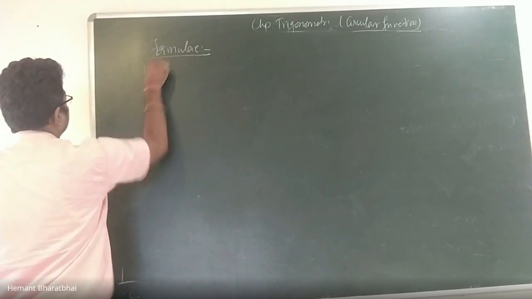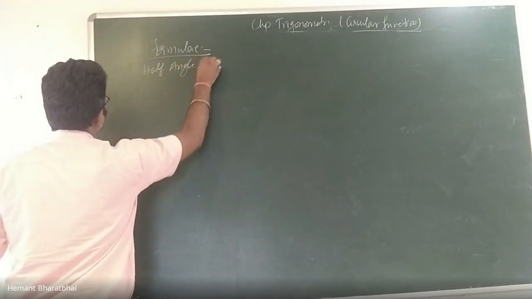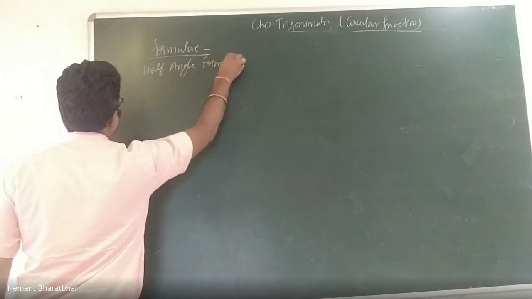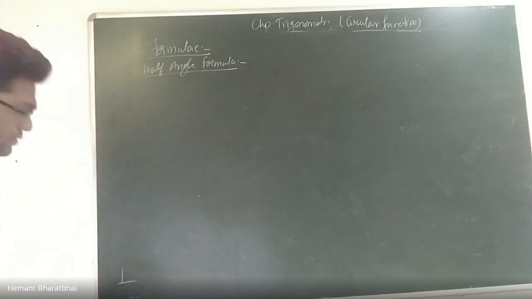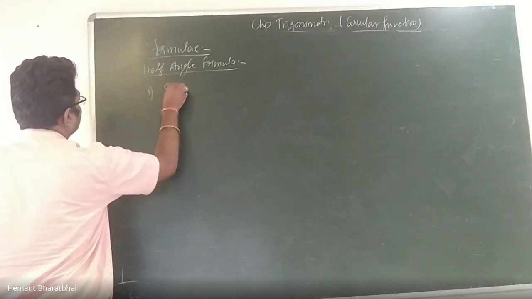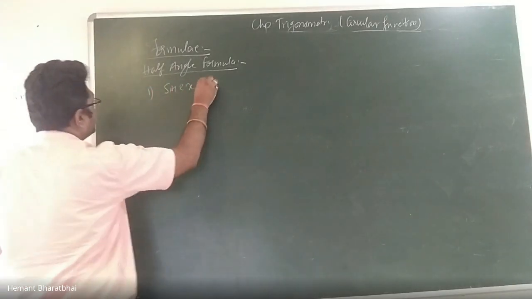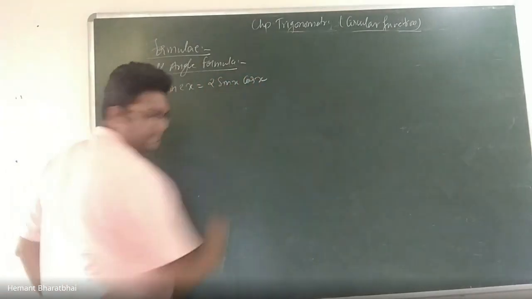So first I am writing it as the half angle formula. Some books name it as the double angle formula, but I like to call it the half angle formula because this is what fits into my logic. The very first formula: sin 2x can be written as 2 times sin x into cos x.